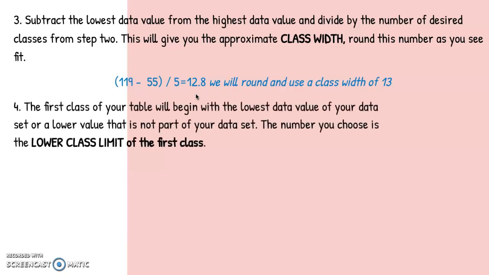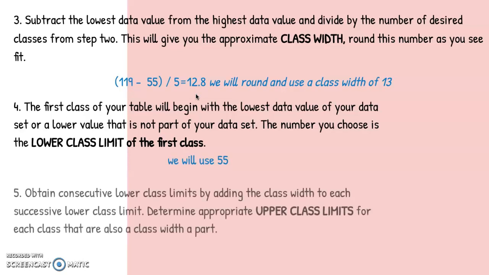The fourth step is to start building your table by first defining your lower class limit. You choose a value that is the lowest number in your data set, so maybe 55, or even something lower would be fine, as long as you know that your class width is big enough. We're going to use 55, which is the lowest number in our data set.